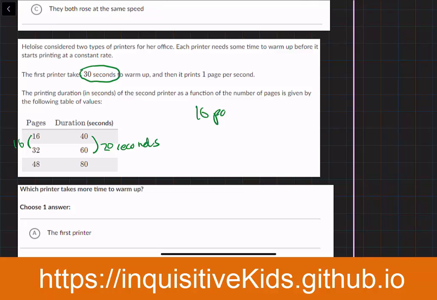So 16 pages is equal to 20 seconds. And since we already know that 16 pages is equal to 20 seconds, and over here it says 40, which means that there's an extra 20 seconds, and that 20 seconds is how long it took to warm up. So that's 20 seconds. The first printer takes more time to warm up.